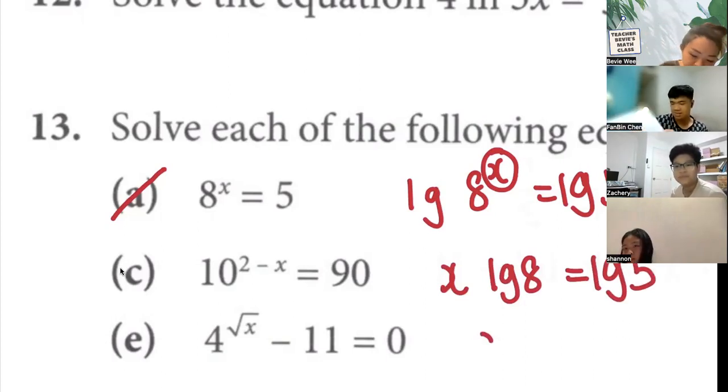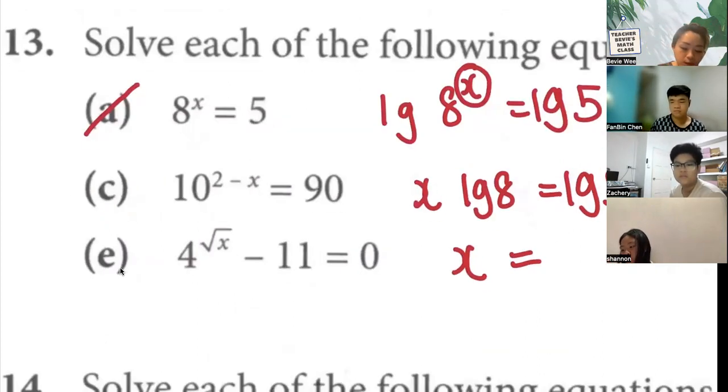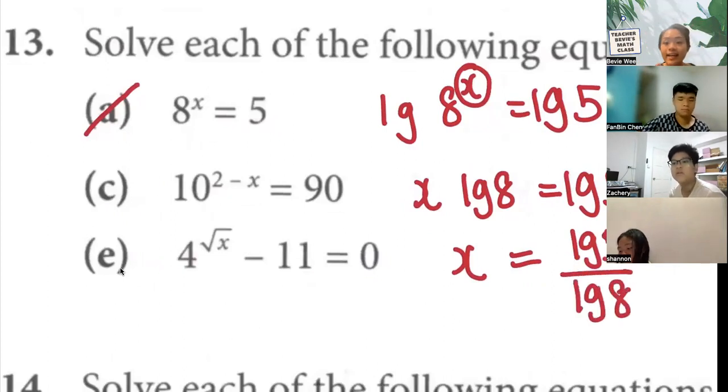From here, can I let x stand alone? It will just be log 5 over log 8. Luckily we chose 10, right? If not, we need to do change of base again. From here, can we just press the calculator? Can. Log base 10 is my calculator's default base already. Can you help me press this inside the calculator?